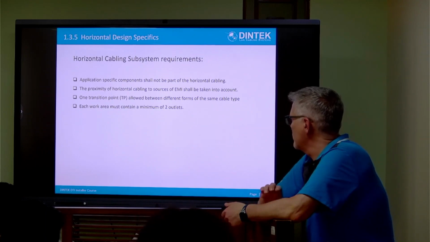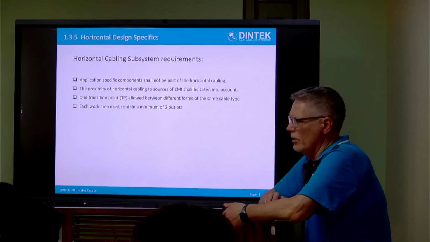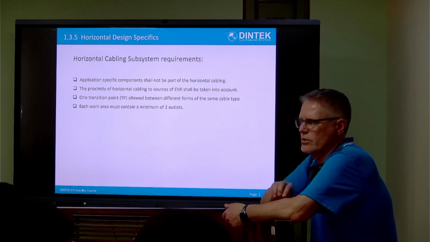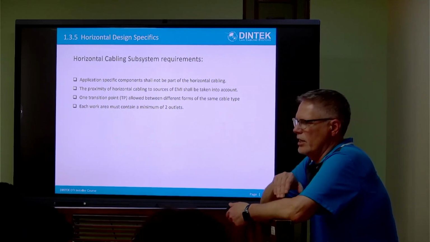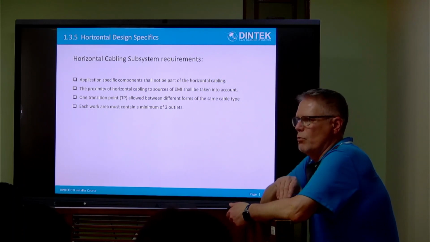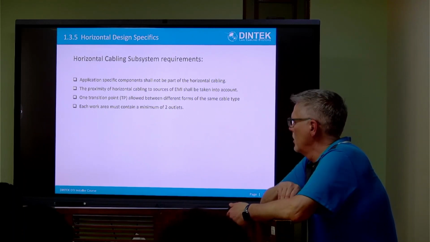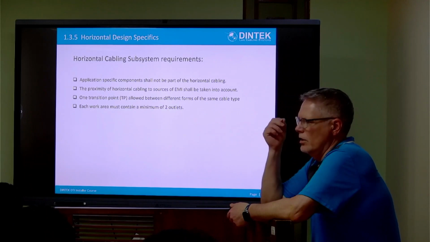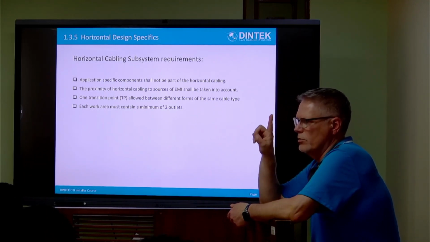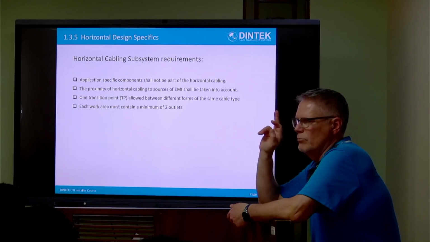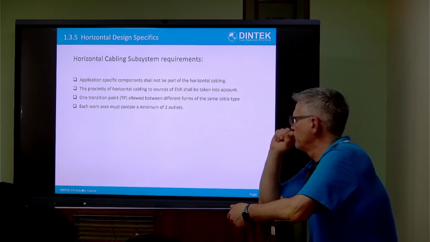Each work area must contain a minimum of 2 outlets to be considered a structured cabling system. They haven't changed that yet, they might one day, but what they're saying is that it can be either 2 twisted pair cables, or 1 twisted pair cable and 1 fibre, but it needs to be 2, or else it's not structured.